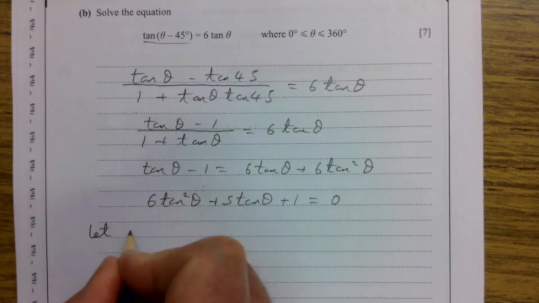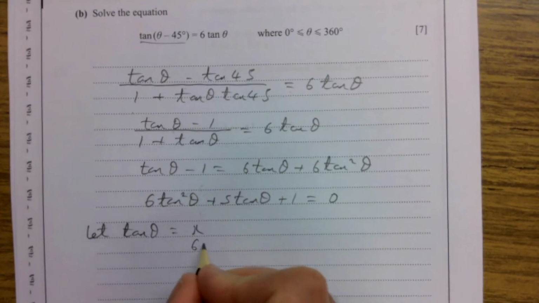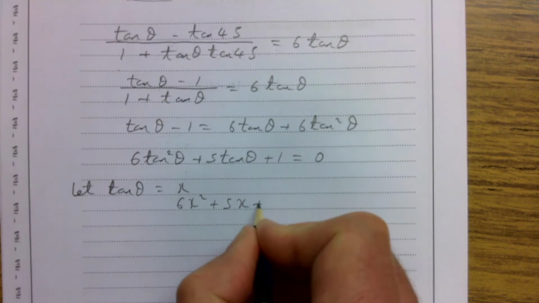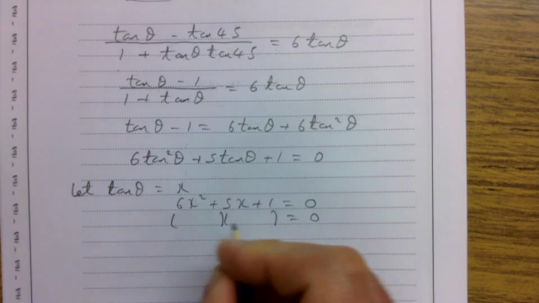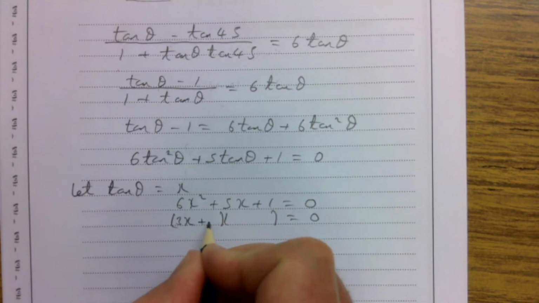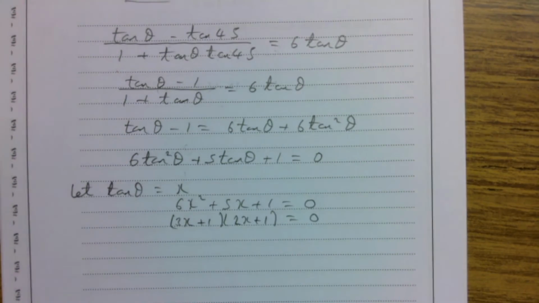So I'm going to let tan theta equal x. So I have 6x squared plus 5x plus 1 equals 0. And we factorize that quadratic, which is going to give me 3x plus 1, 2x plus 1.